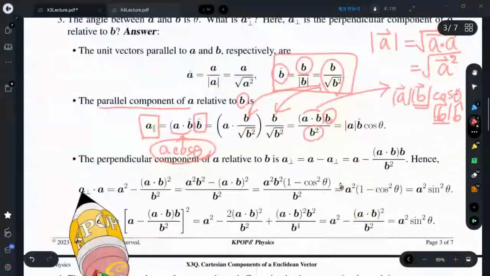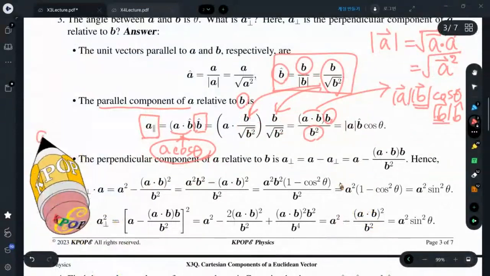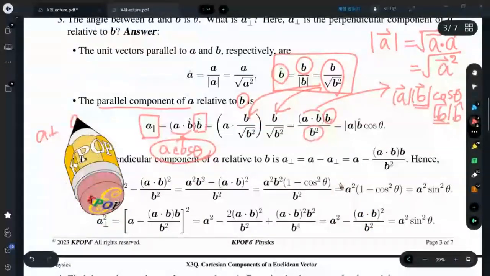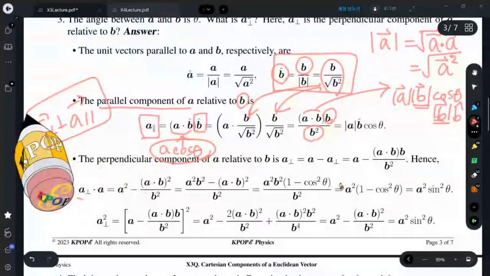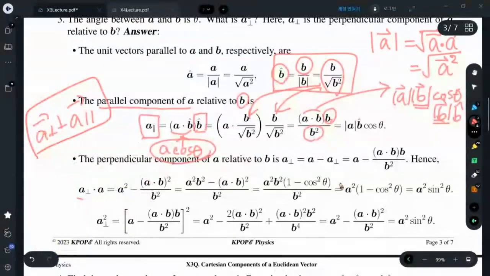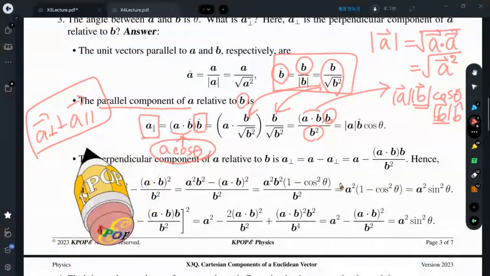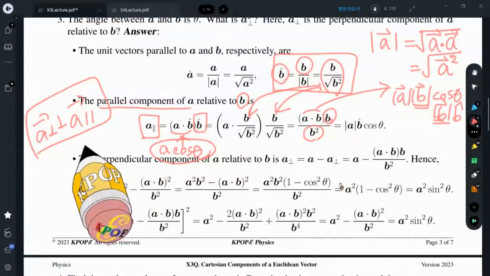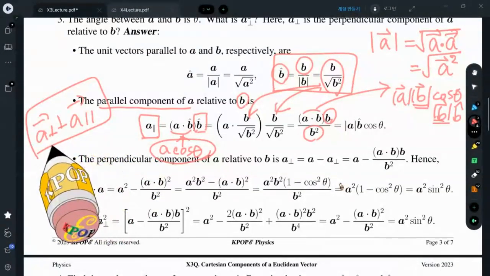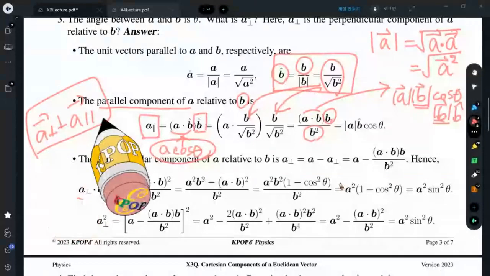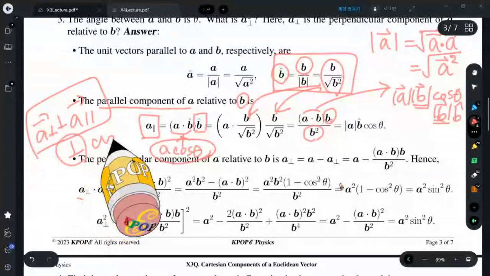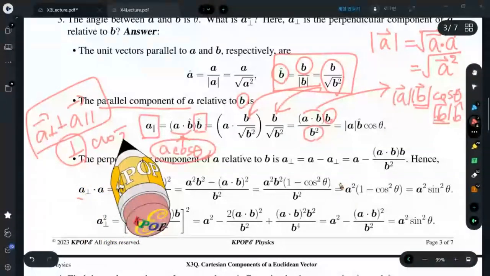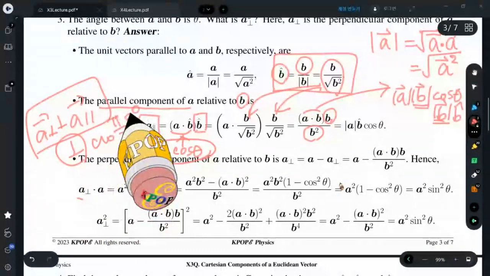In addition, a perp and a parallel are perpendicular to each other, right? The x-axis and y-axis are perpendicular to each other. What is the angle between a perp and a parallel? It is a right angle, and cosine of a right angle, half pi, is always 0.